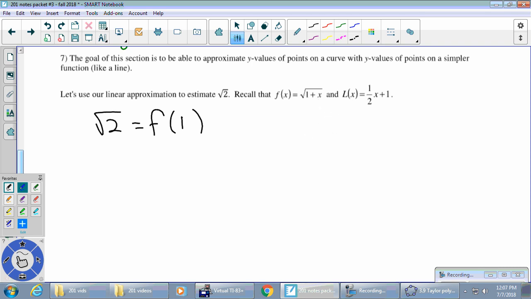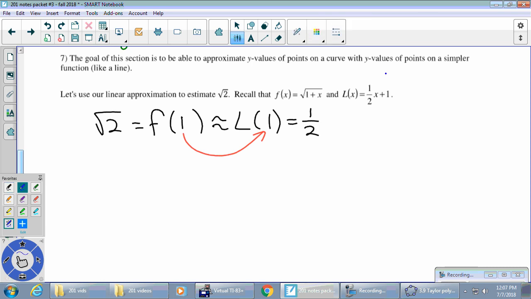And f of 1 is hopefully approximated well by L of 1. That's the same one that we just copied there. The line is supposed to be pretty close to the curve if we're not too far away from x equals 0 in this case. Okay, and L of 1 we can calculate. It just means plugging x equals 1 into the L function. So x equals 1 goes right there.